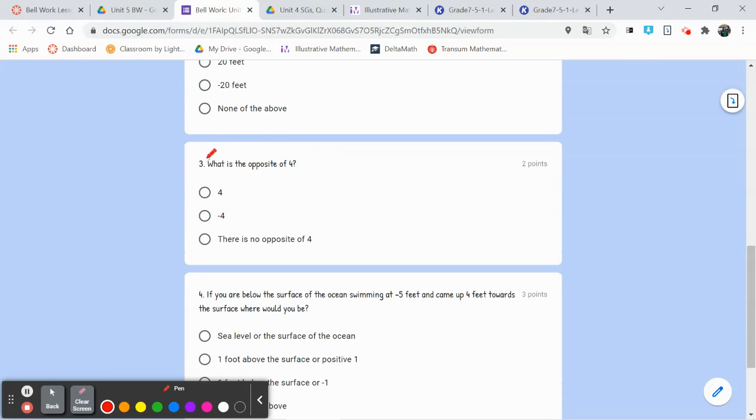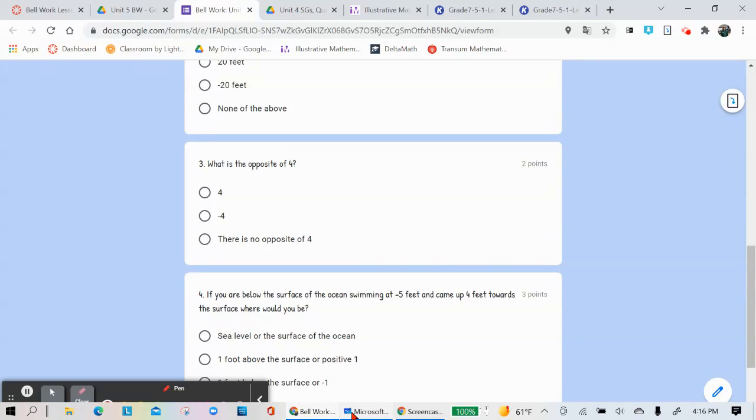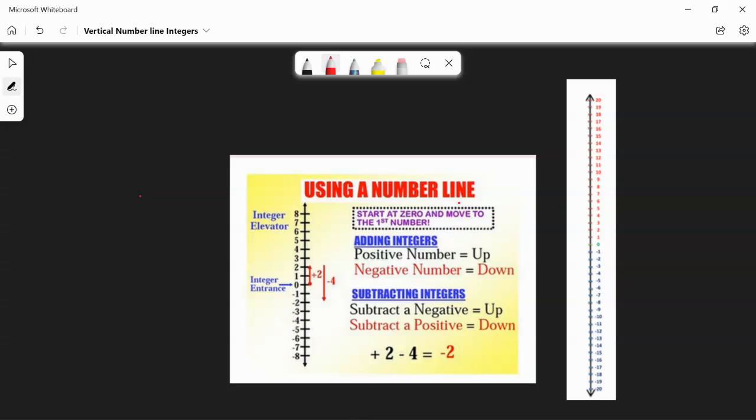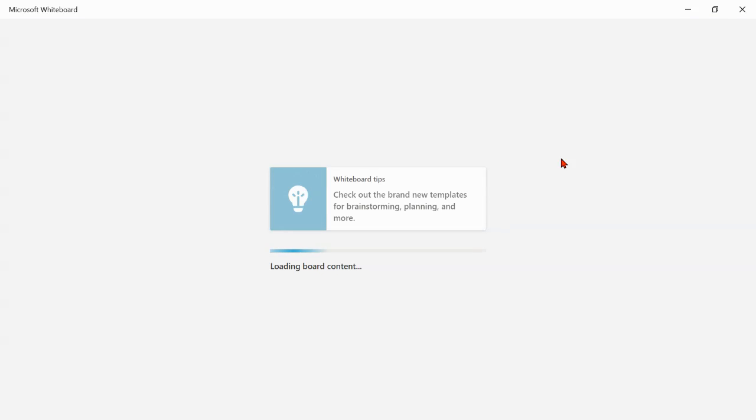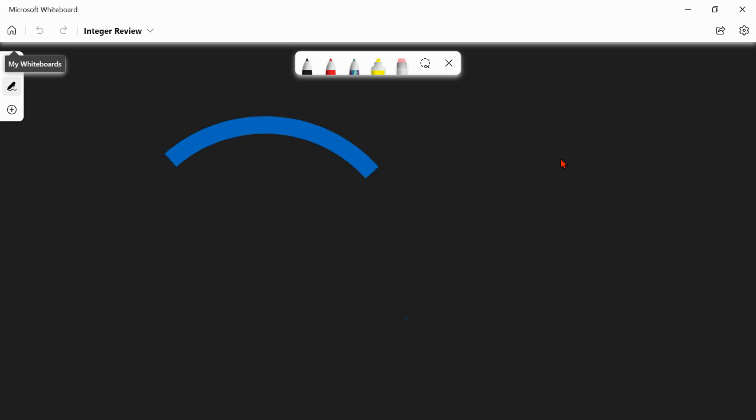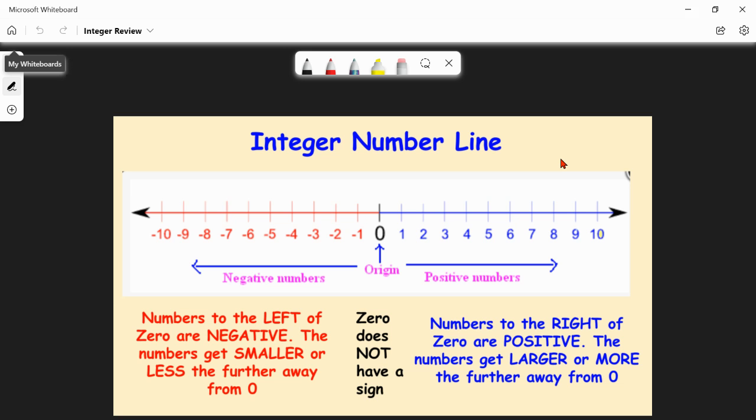All right. What is the opposite of 4? So remember, I showed you that number line. Opposite means it's on the opposite side of 0. What was on the opposite side of positive 4? The opposite side of positive 4 means it's on the opposite side of 0, the same distance away. 1, 2, 3, 4. 1, 2, 3, 4.